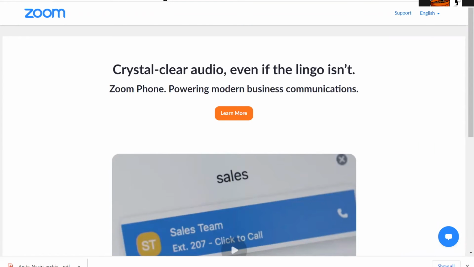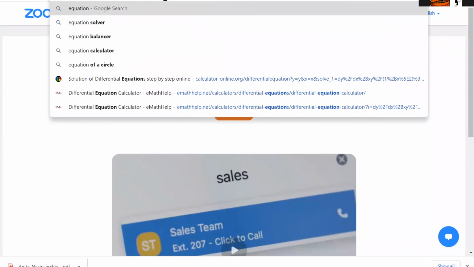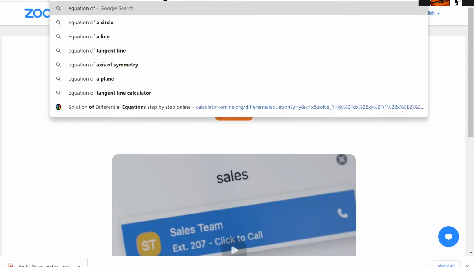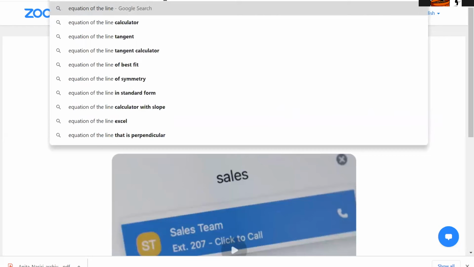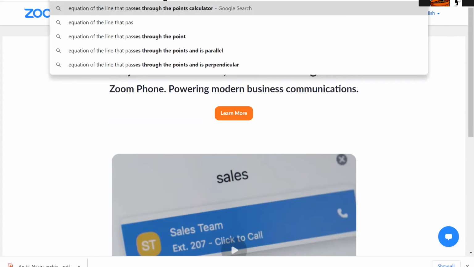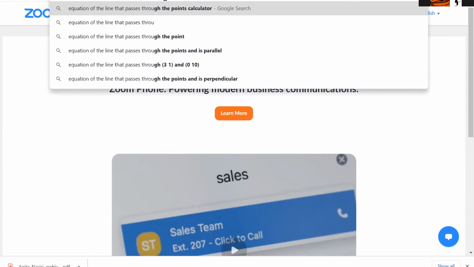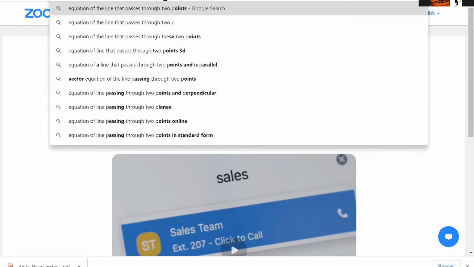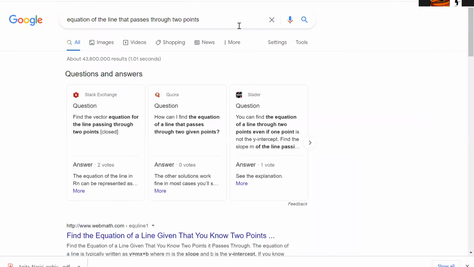Okay, equation of the line that passes through 2 points. Example.